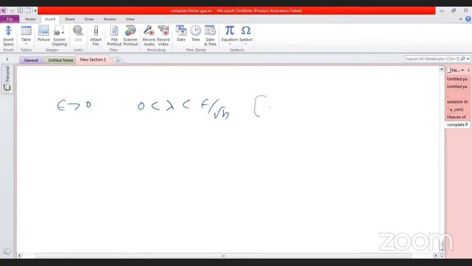So divide each Bi into subintervals of length lambda or less. Give the subdivision of Ij, j equal to 1 to k, where k depends on Bi minus.